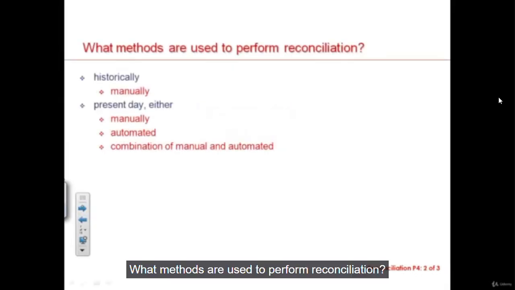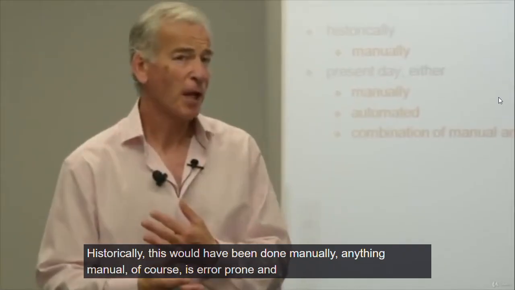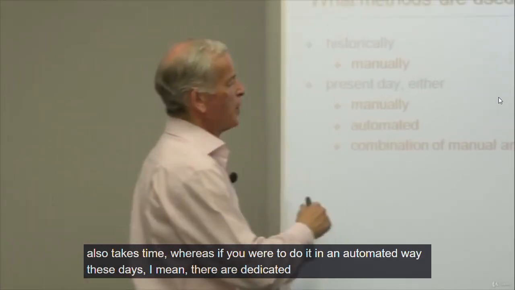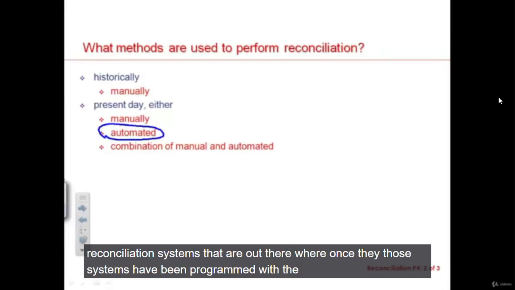What methods are used to perform reconciliation? Historically, this would have been done manually. Anything manual, of course, is error prone and also takes time, whereas if you were to do it in an automated way these days, there are dedicated reconciliation systems out there.